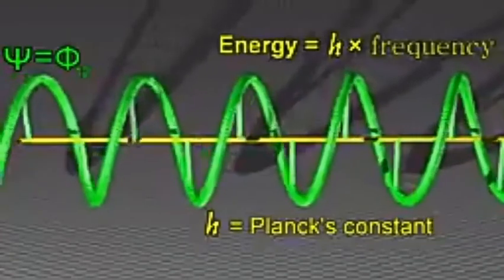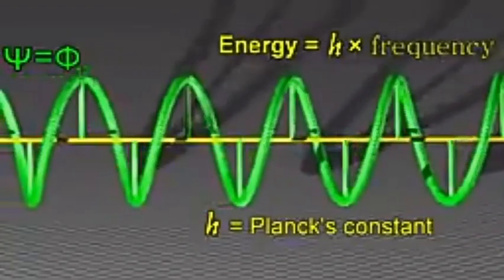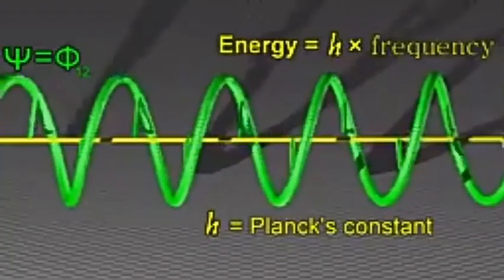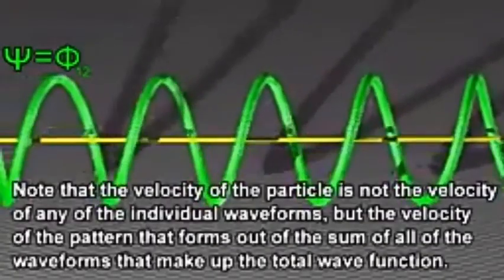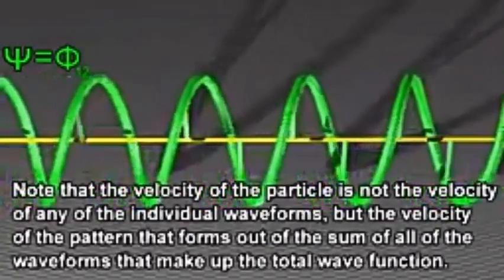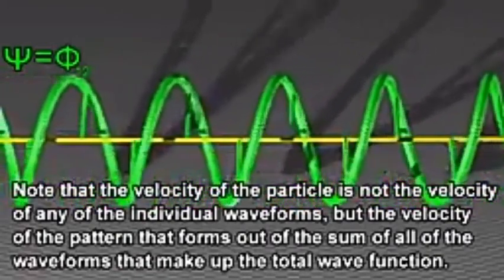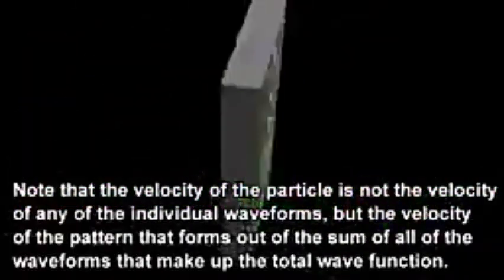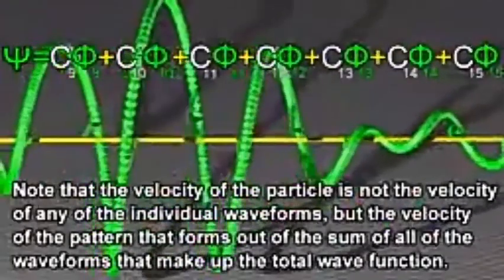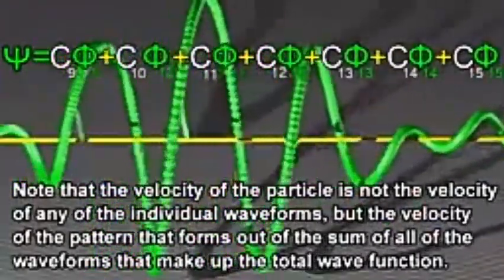Energy is equal to h times frequency. Note that the velocity of the particle is not the velocity of the pattern formed by the sum of all the waveforms that make up the total wave function.